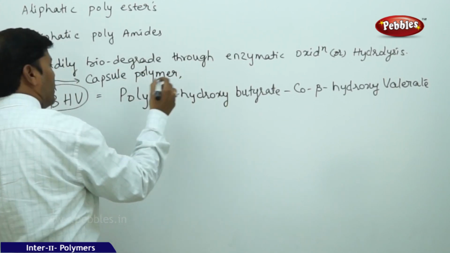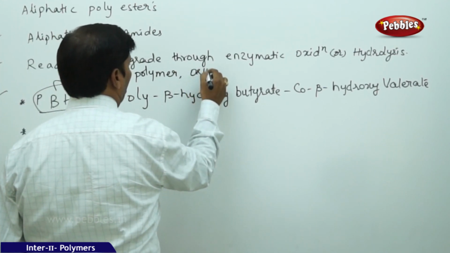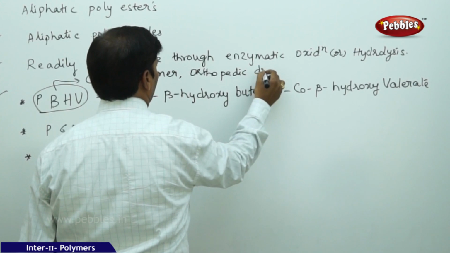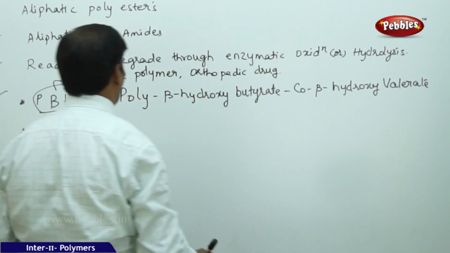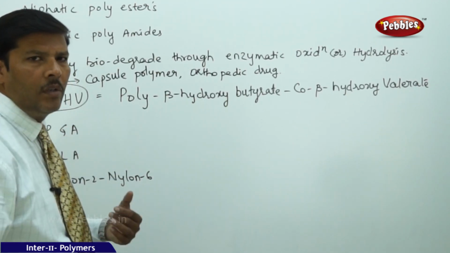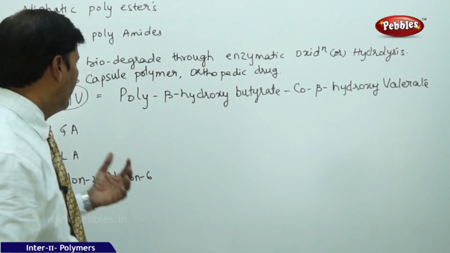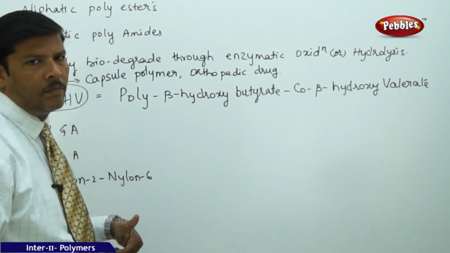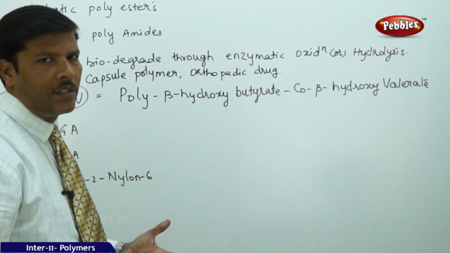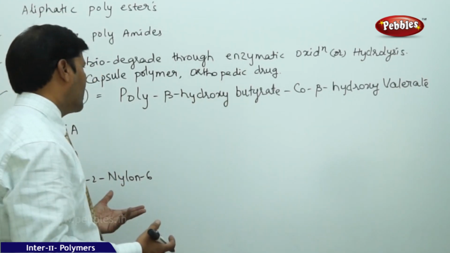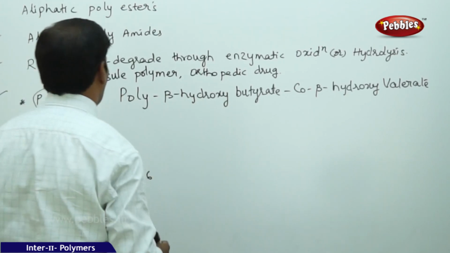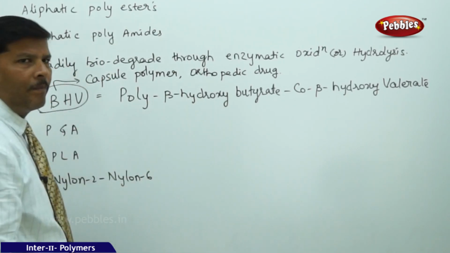It is also used in orthopedic packing of drug. This PBHV, when we consume it in the form of capsule, this capsule readily dissolves in our stomach, and it tries to give the necessary action at the necessary areas wherever it is supposed to function. And that's why PBHV is sometimes also called capsule drug.